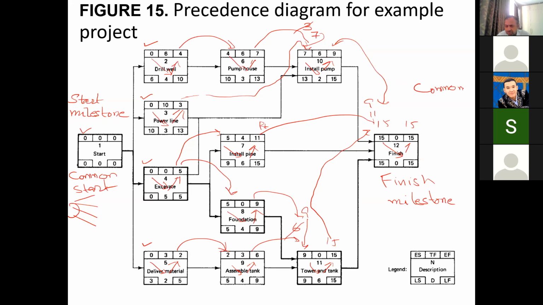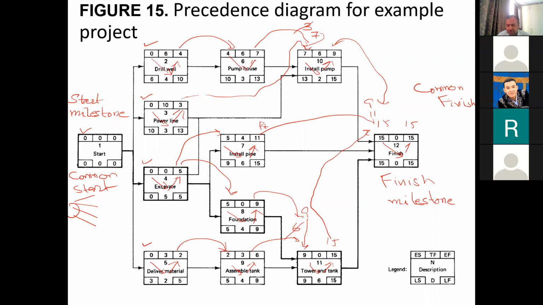So it makes the network more clear. So it is always better, when 2 or more activities are starting, to provide a start milestone, or when 2 or more activities are at the end, then you should provide a finish milestone.